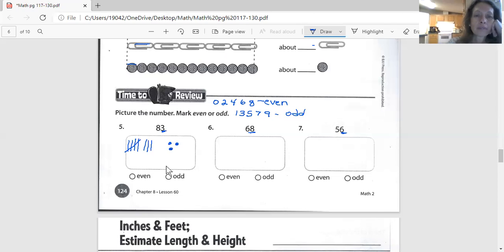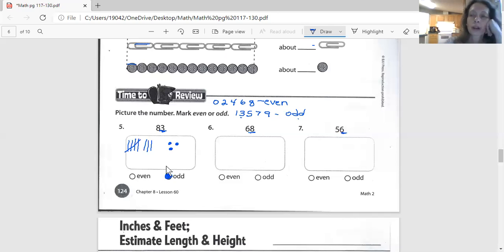Okay? And this number, if I look at the back, the last number is 3, and I see it right here, which means my number is odd. How's that? I gave you a freebie today.